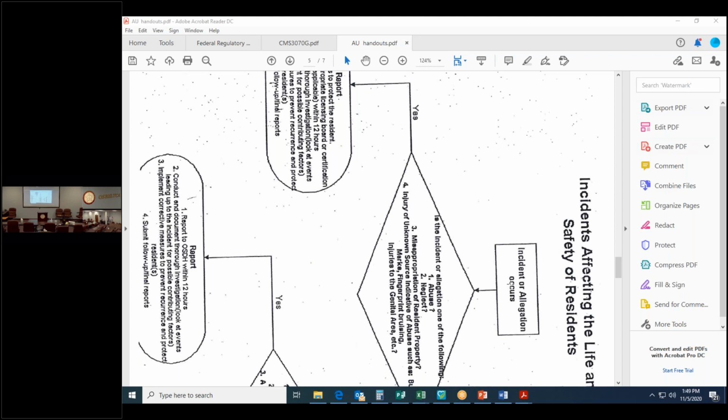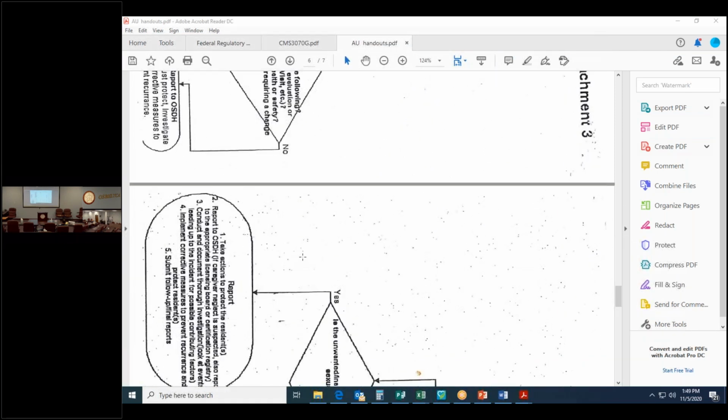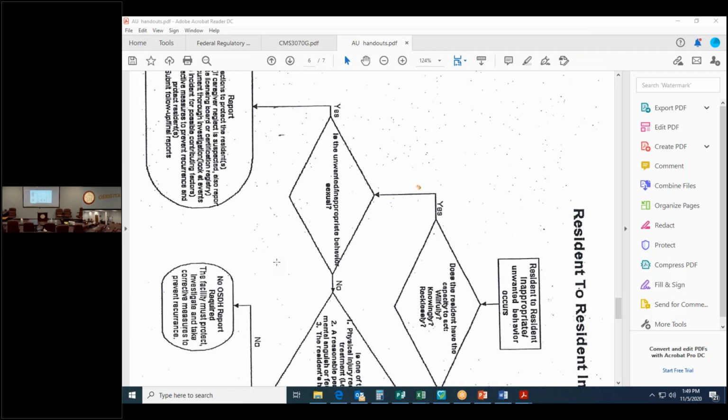And then I've also included this little guideline. Basically it's showing you that if an incident has taken place, you follow this guideline here, and this will alert you whether or not it is important to fax over to the state as a reportable incident. So you have that one, and then you also have this one. This one is resident to resident. So you go through the little guidelines, answer the question, and basically, does the resident have the capacity to act willfully, knowingly, recklessly?